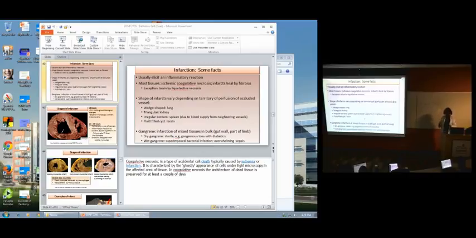Gangrene is just when you have infarction that involves a bulk of tissue, like a limb, or maybe the toes, as opposed to a smaller part of the tissue. What's important to note about gangrene is that you can have two types. You have the dry one, which is usually sterile, with no associated infection.